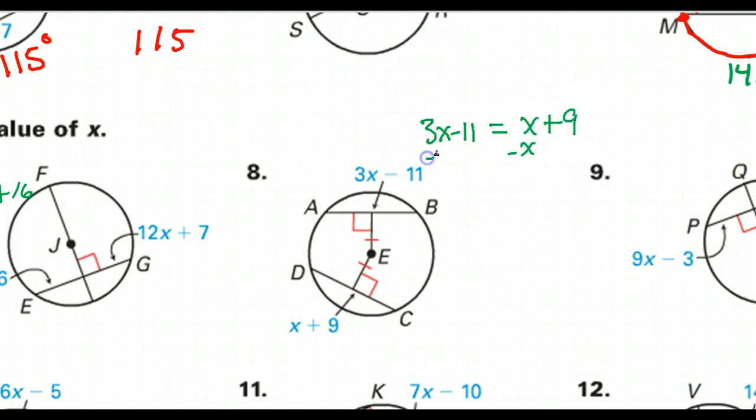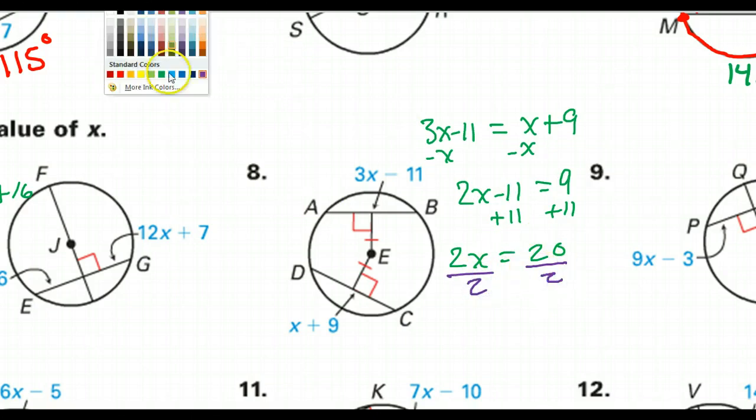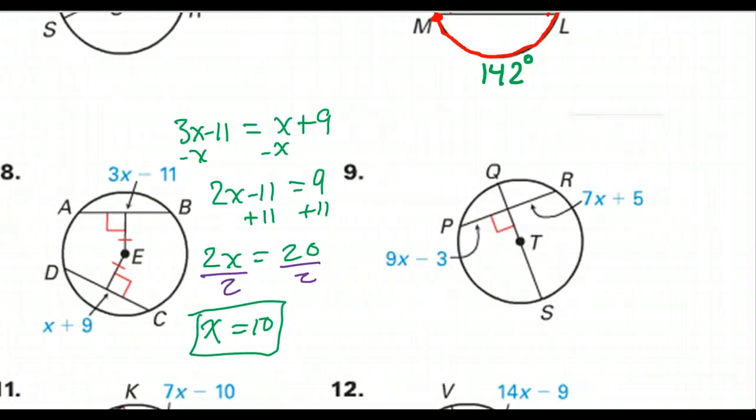Subtracting x from both sides gives me 2x minus 11 equals 9. Adding 11 to both sides, I get 2x is equal to 20. If I divide by 2, of course, I get x equals 10. So that is how you do number 8.